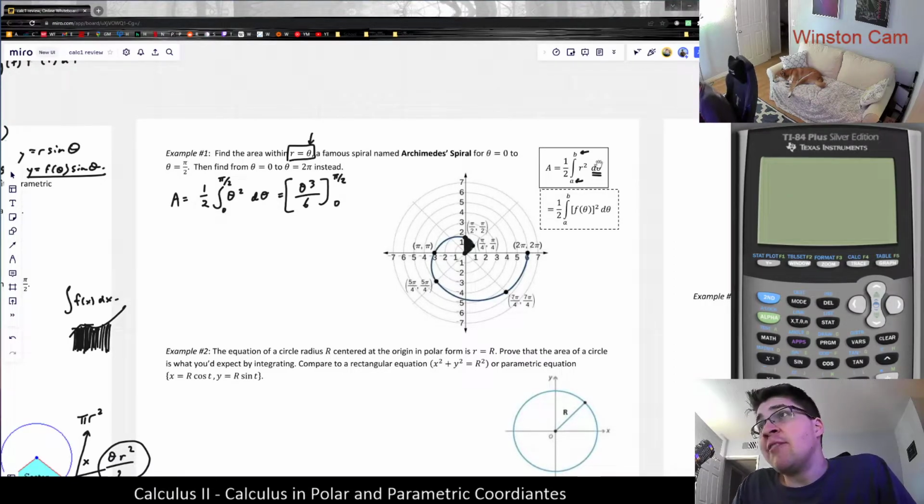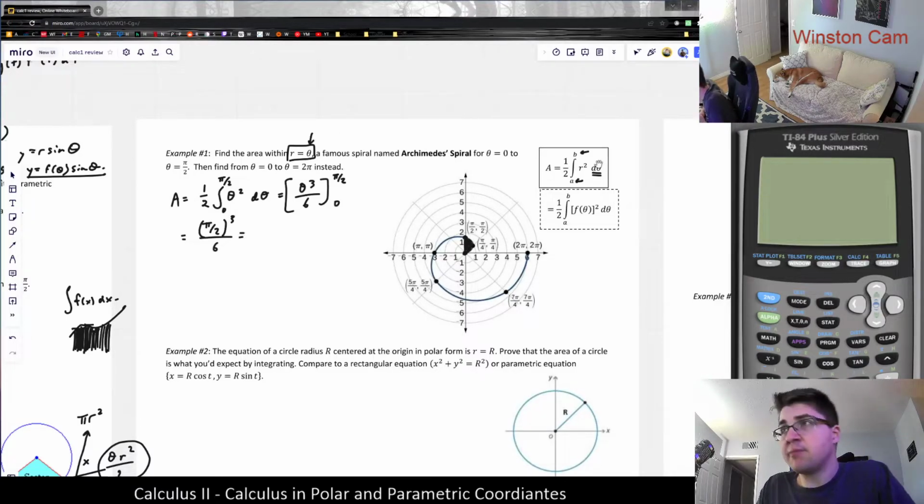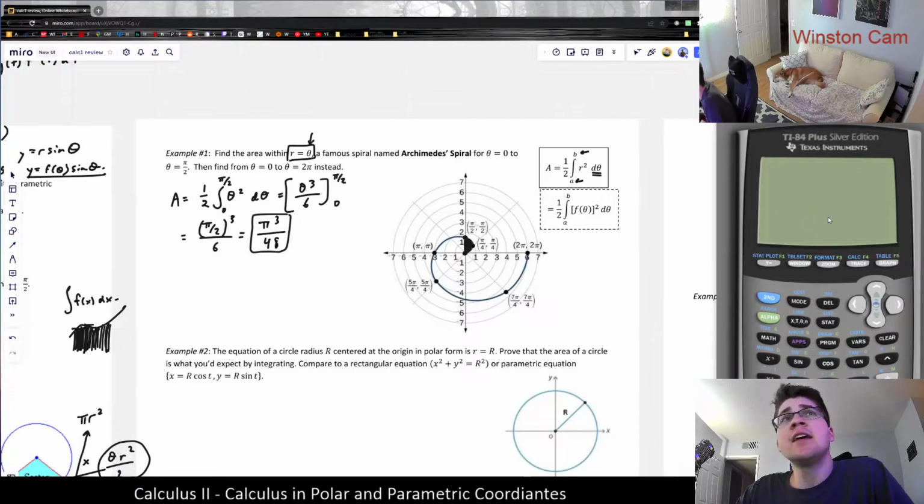Obviously 0 gives us 0, but plugging in pi over 2 gives us pi over 2 cubed over 6. We'd have pi cubed, and 2 cubed is 8, and 8 times 6 is 48. So what we end up with is a precise area of pi cubed over 48.